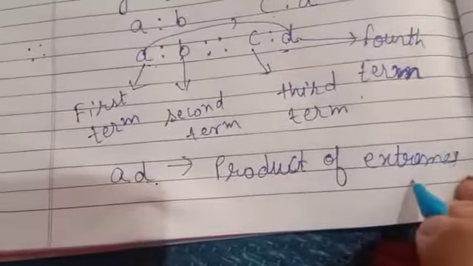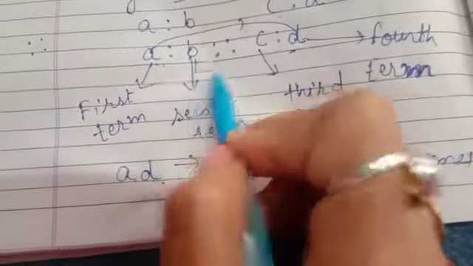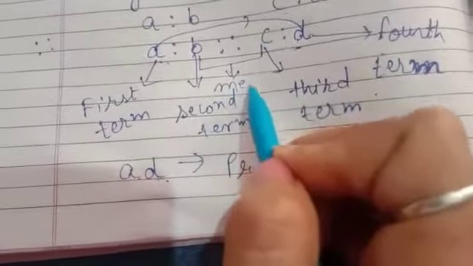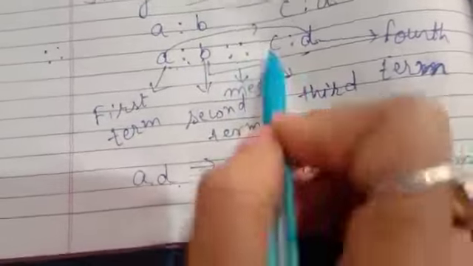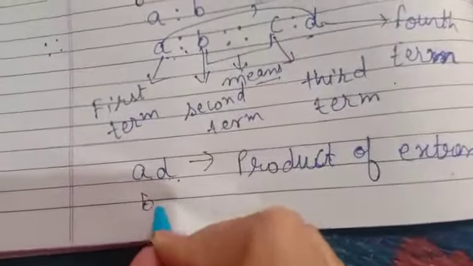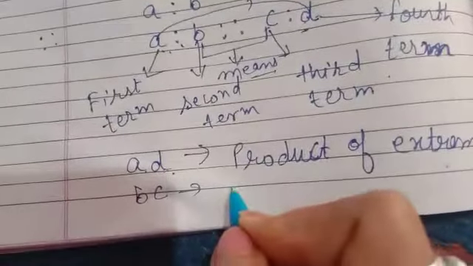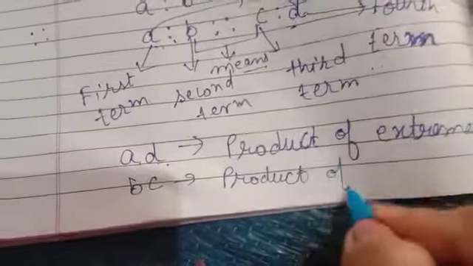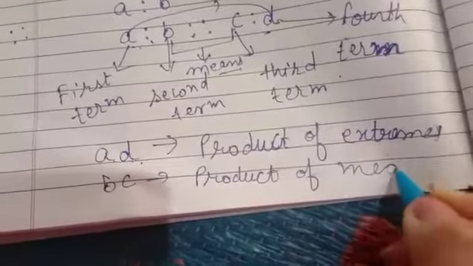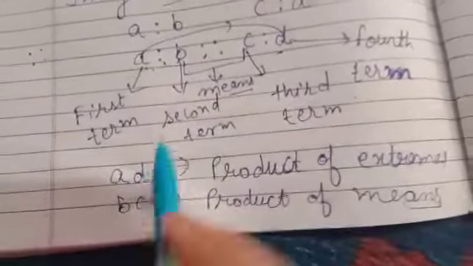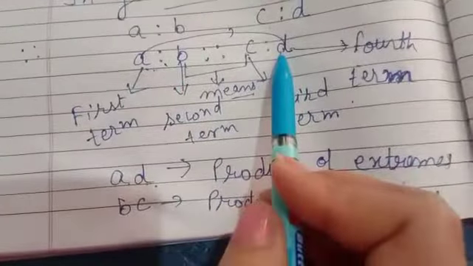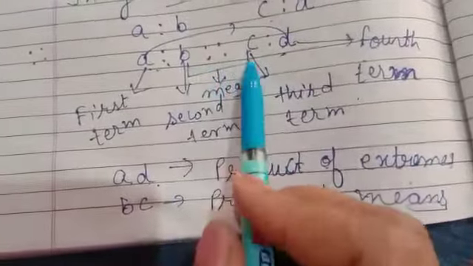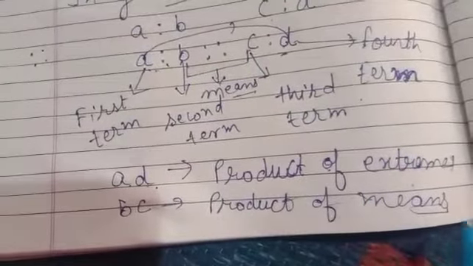And the middle two terms are called means. So when we multiply both the terms, B multiplied by C is called the product of means. First and fourth terms when multiplied are called the product of extremes. Middle two terms when multiplied are called the product of means.